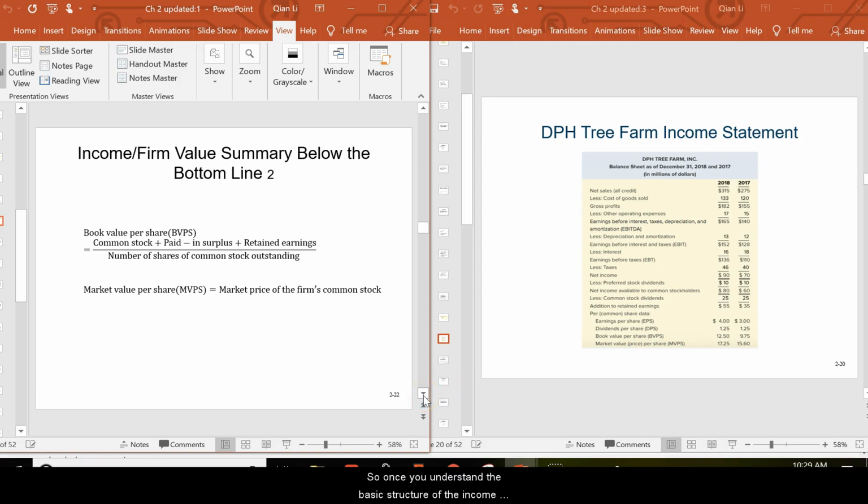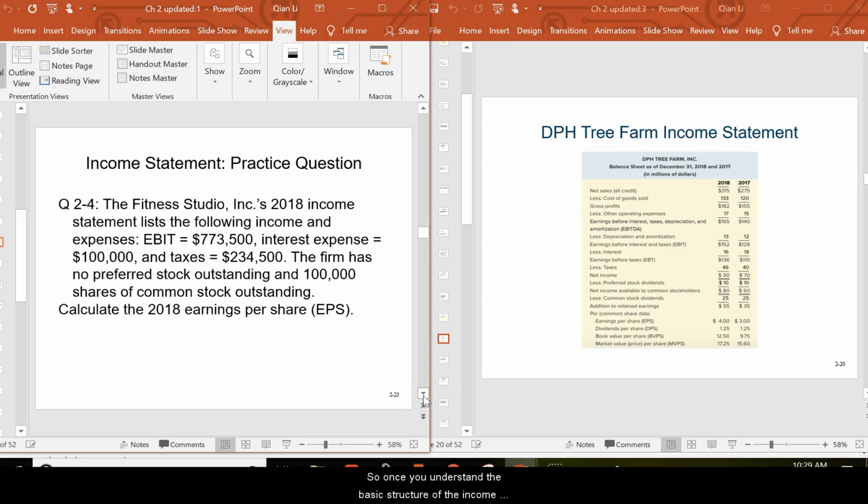So once you understand the basic structure of the income statement, we can take a look at this practice question from the end of chapter 2, practice problem set. So we have this company, and according to its 2018 income statement, we have the EBIT number, we have the interest and tax.